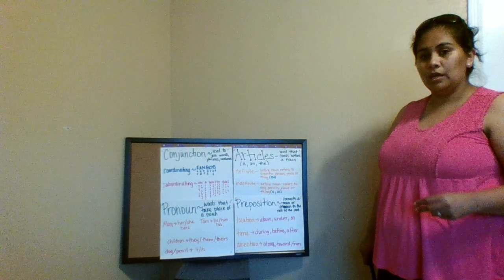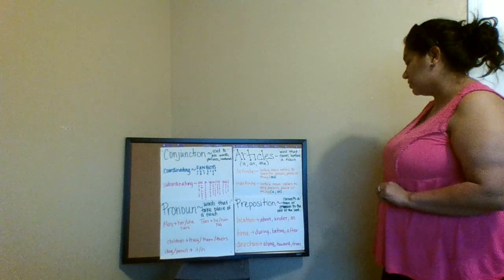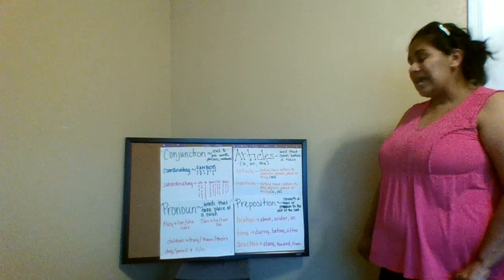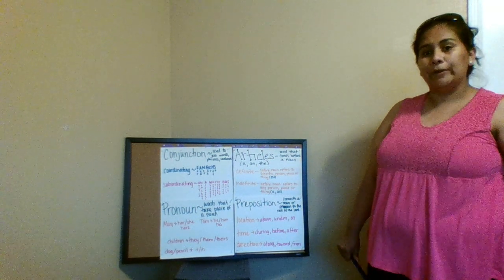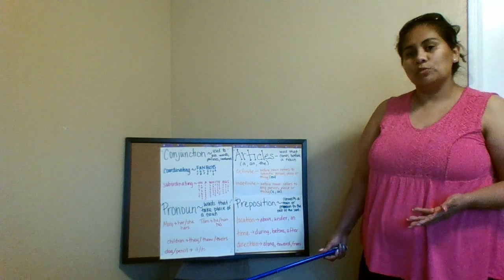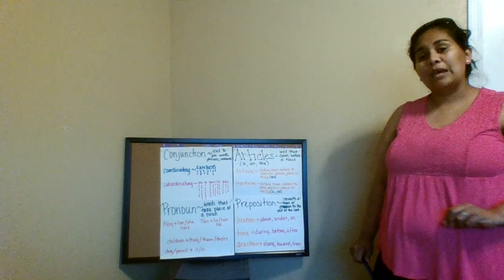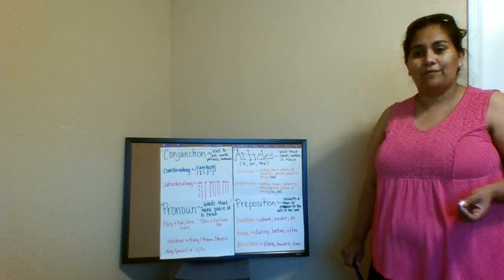So the book, the bag, the girl. We're talking about a specific person, place, or thing. And then we have indefinite. This can be any person, place, or thing. An example would be, bring me a book. That means I don't care which book, just a book. Whereas if I say, bring me the book you are reading, I'm requesting a specific book.